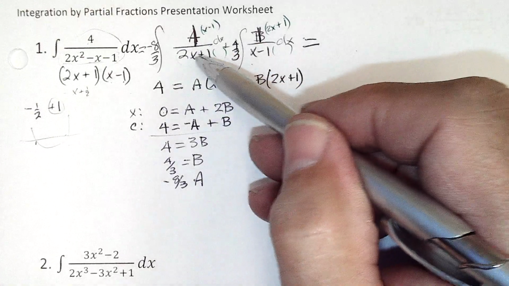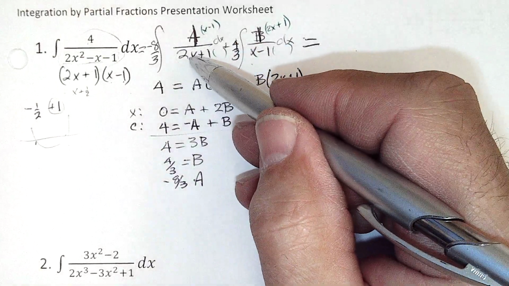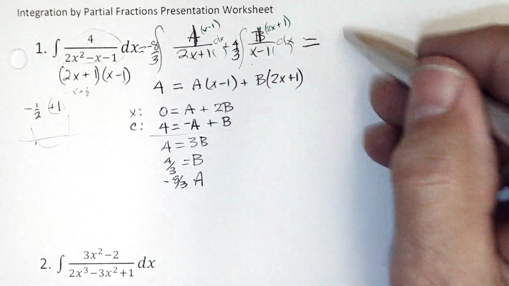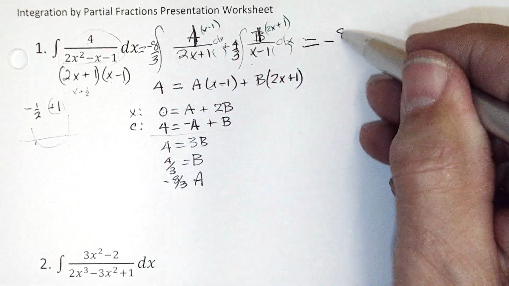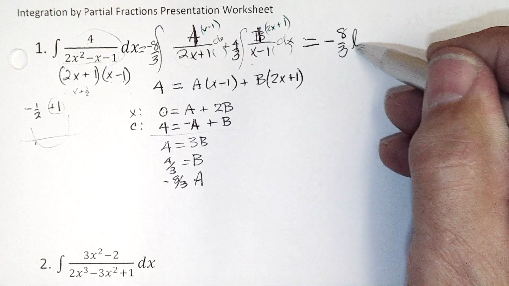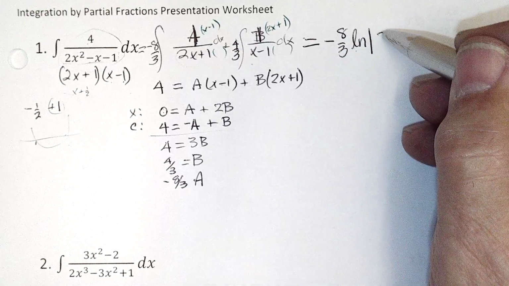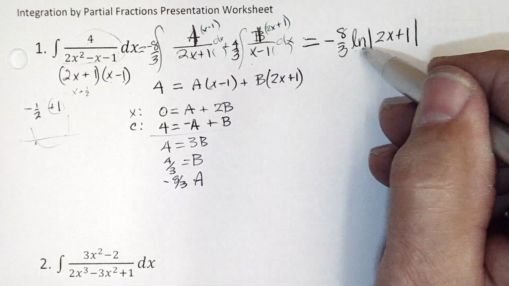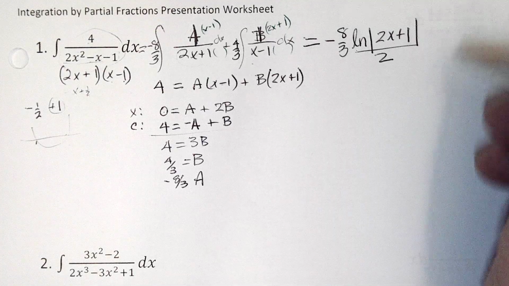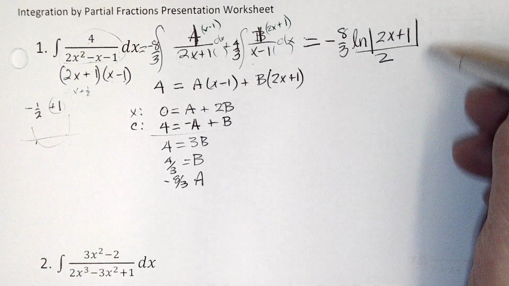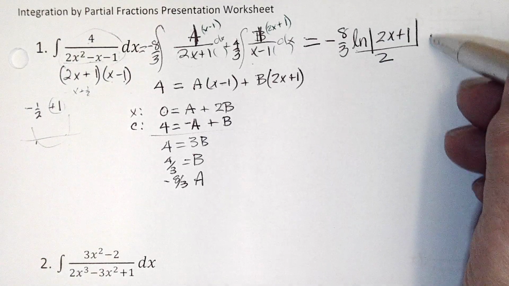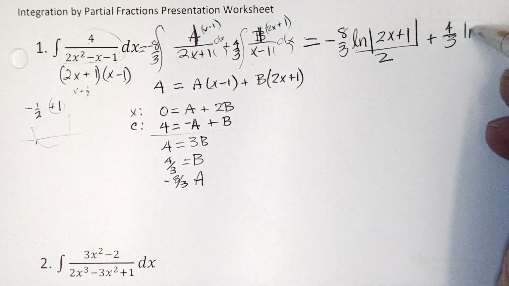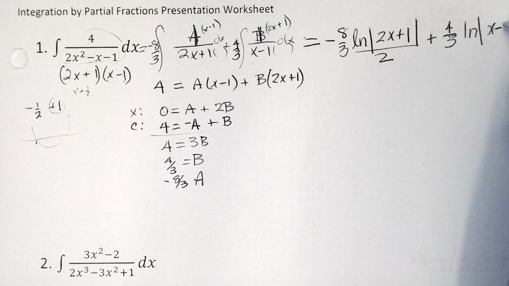If I let u be this, it turns out that dx would be du over 2, so this becomes minus 8/3 ln of 2x plus 1 over 2, because of the 2 there, chain rule causes that to happen, plus 4/3 ln absolute value of x minus 1.